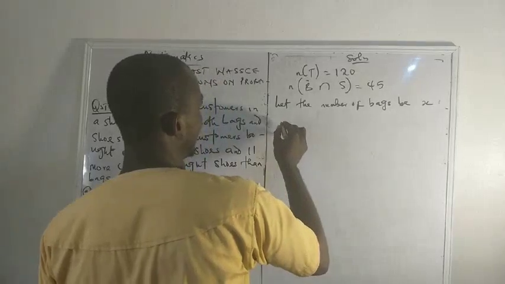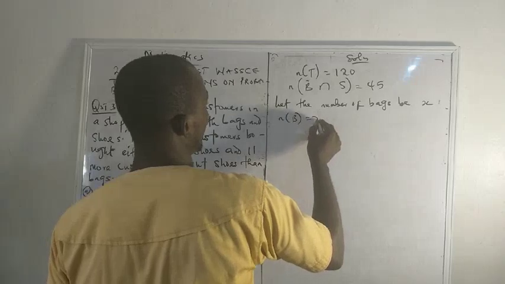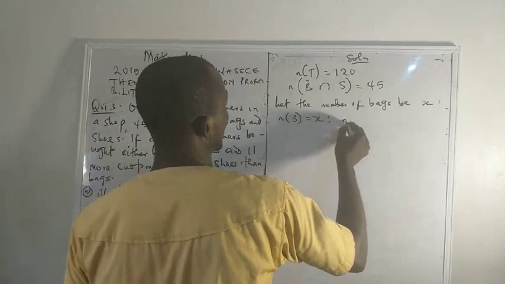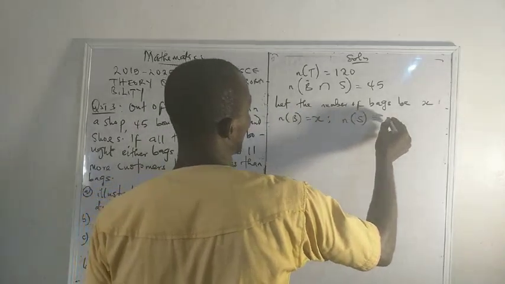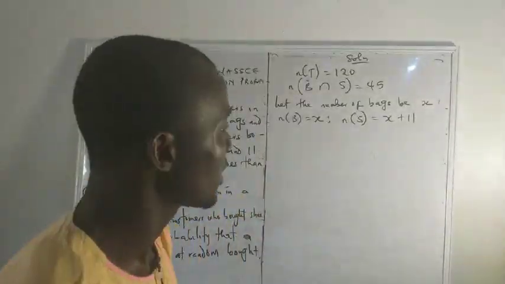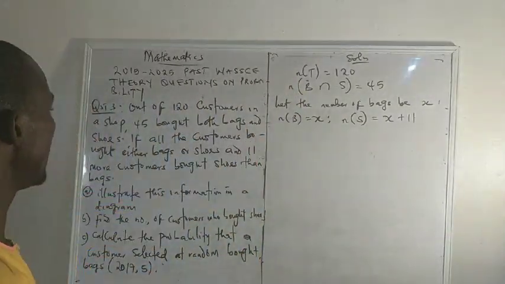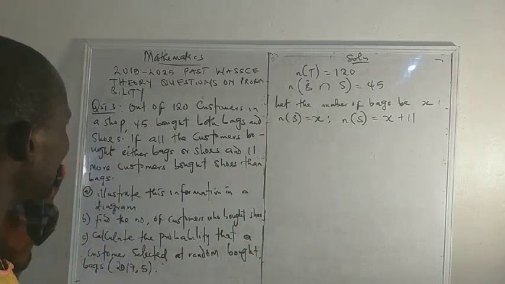So I know that my number of bags equals to X, and number of shoes will be X plus 11. Those that bought shoes, they are 11 more than those that bought bags.